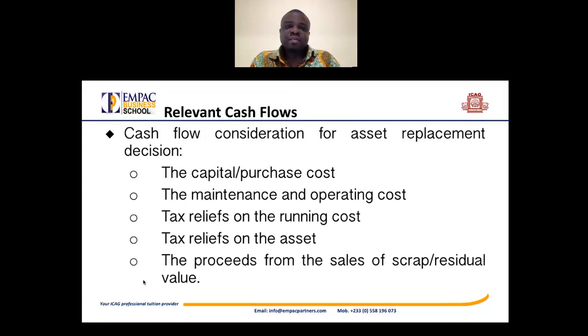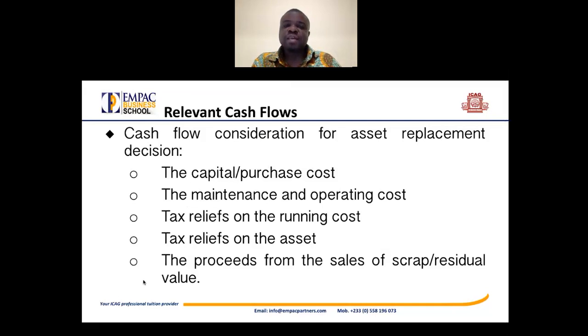Now let's look at relevant cash flows. When it comes to asset replacement decision, we would have to go through the normal NPV computational process. And also, there are certain requirements that we need to consider when determining the cash flows to be used in the decision making process. So, in terms of the relevant cash flows, we would be looking at the capital or purchase cost, which we looked at yesterday and in subsequent lectures.